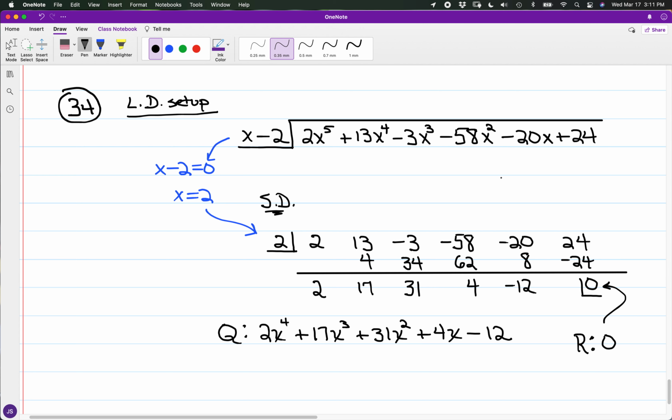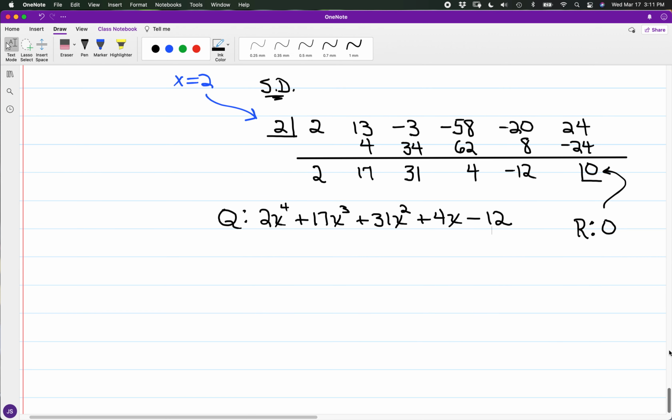Okay. And now there's a theorem that's going to follow concerning divisibility, and there are a couple of items here. I'm just going to introduce the first part, and this is what we have with the remainder theorem.